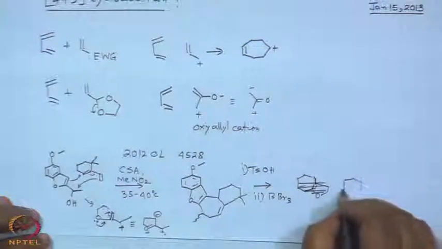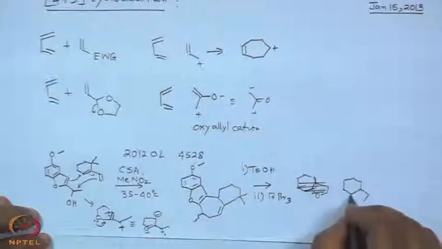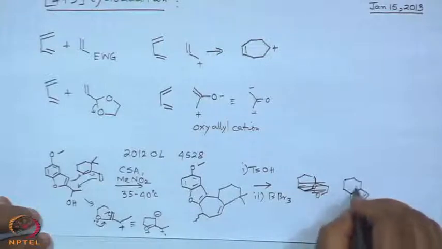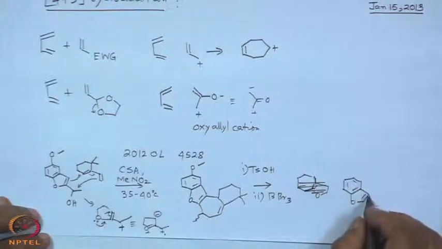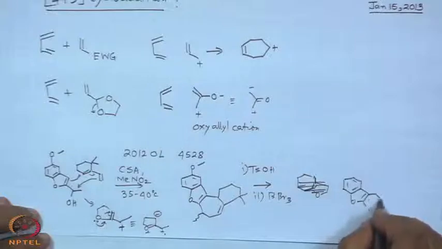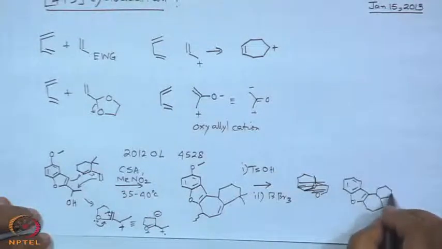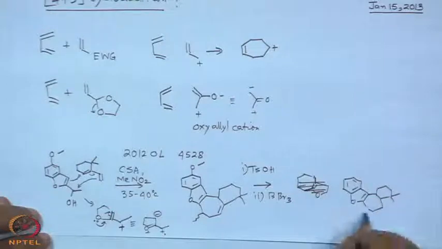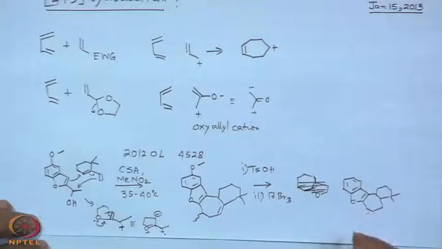So, I better write the 6-membered ring first, then the furan ring system, you have a double bond this and a 7-membered ring, then you have a 6-membered ring, 2 methyl groups here, and what else would you like to see? Something else. What else?